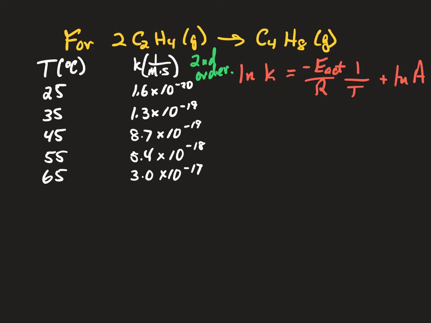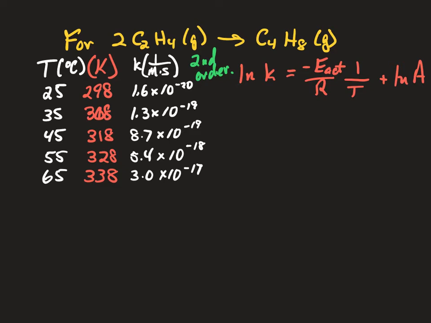But we've got our Arrhenius equation in our linear form. And so when I plotted this, the first thing I had to do was to remember that I have to convert my temperatures to Kelvin, right? So 298, 308, 318, 328, and 338.